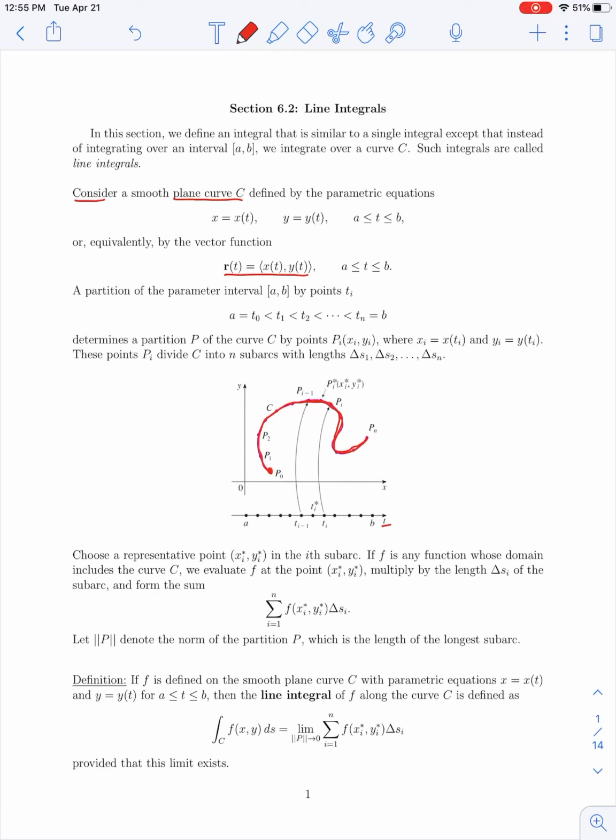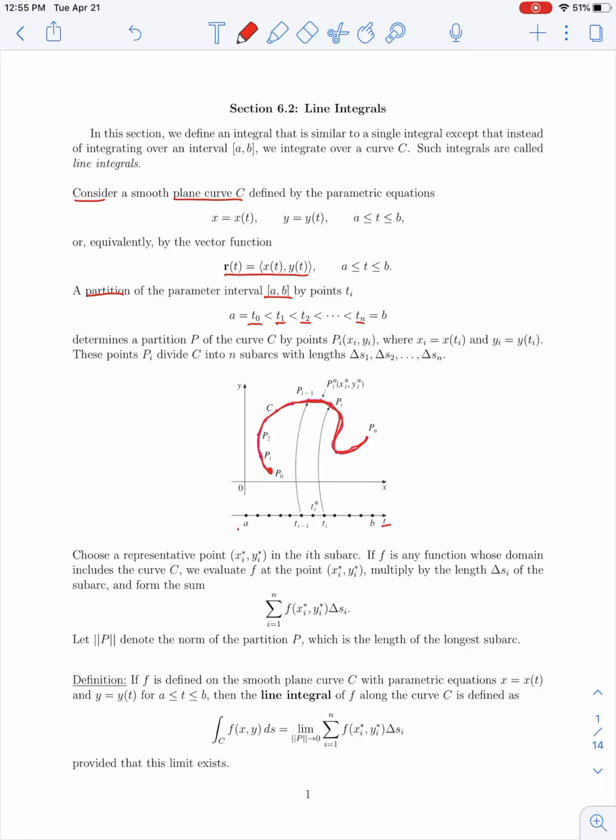Now, if we were to take a partition of our parameter interval, that is the t interval from a to b, by choosing points t0, t1, t2, up through tn that lie in the interval from a to b.